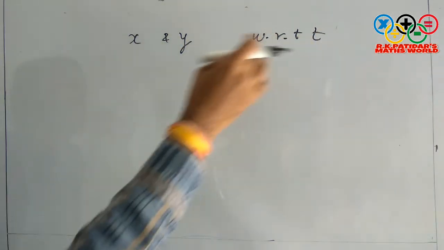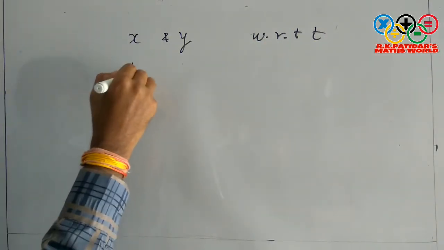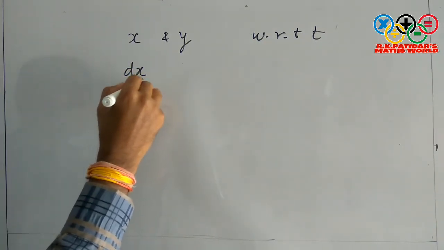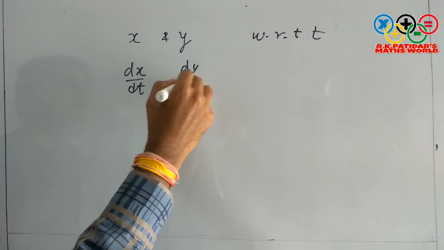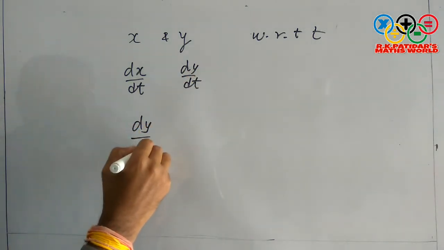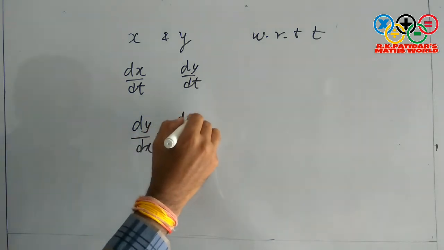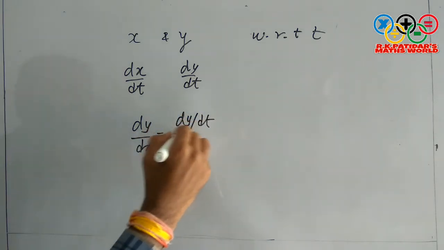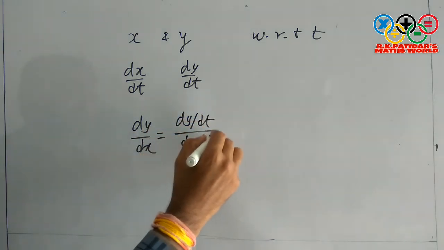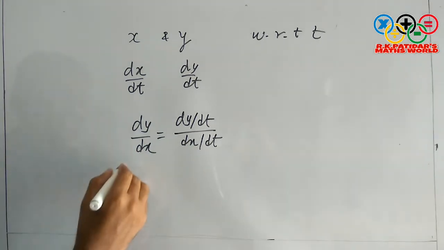So we find dx by dt and dy by dt. Then with the help of the chain rule, we can find dy upon dx, which is dy upon dt divided by dx upon dt. In this way we can find the rate of change.